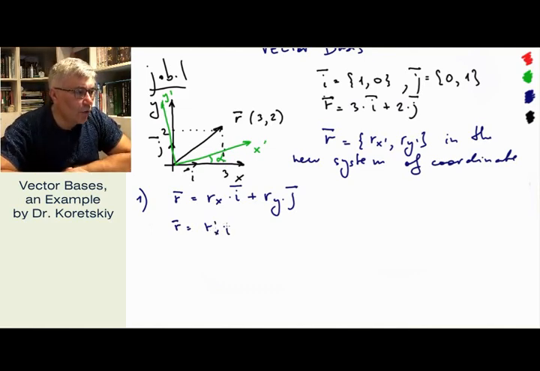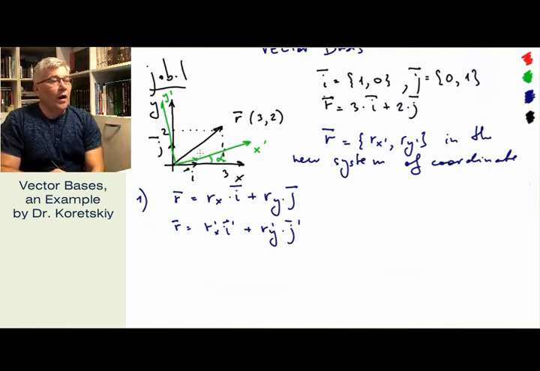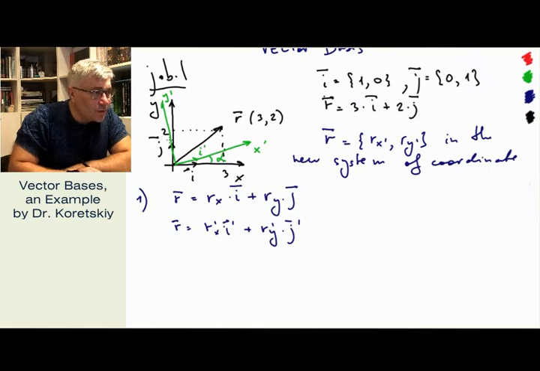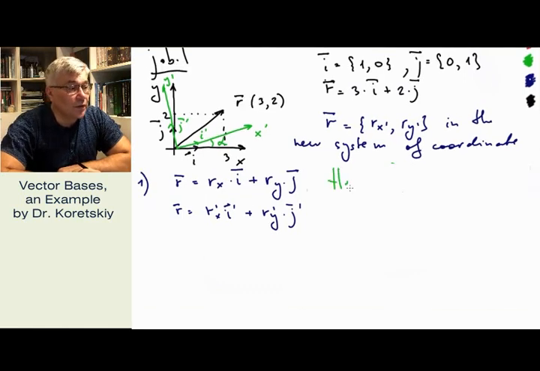In the new system of coordinates, the same vector r has new components: r prime x times i prime plus ry prime times j prime. I prime and j prime, I use this green ink. They are unit vectors, basis vectors in the new system of coordinates.